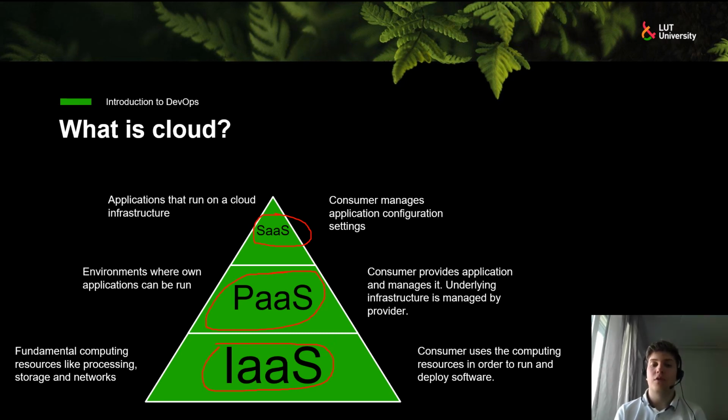So this offers the lowest level of configuration, obviously, since it is a ready-made software solution. But there are maybe some application settings that the user can change. For example, on Google Docs you can do all kinds of configuration. But the idea is that the service itself is a complete software that the user can use for his or her needs.